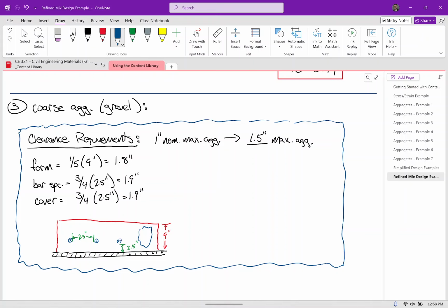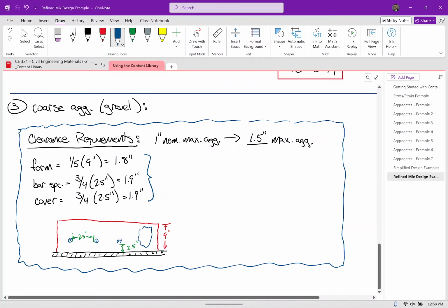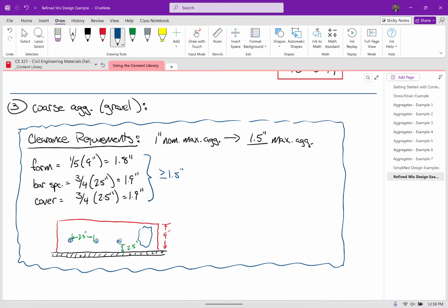But is this a problem for this concrete? No, because all of these values are greater than 1.5 inches. So therefore, we are good. If our aggregate was bigger than these, we'd have a problem. Does that make sense? Yes.